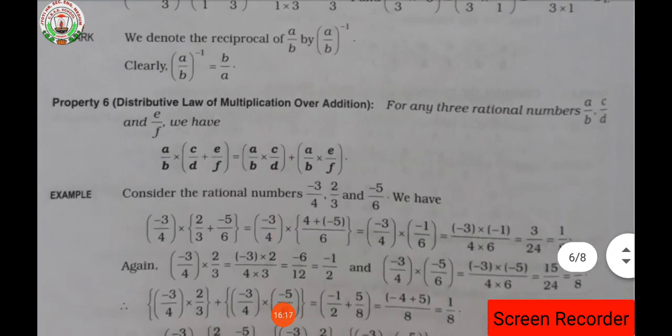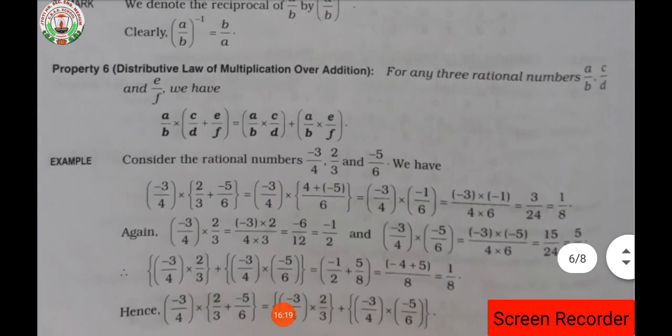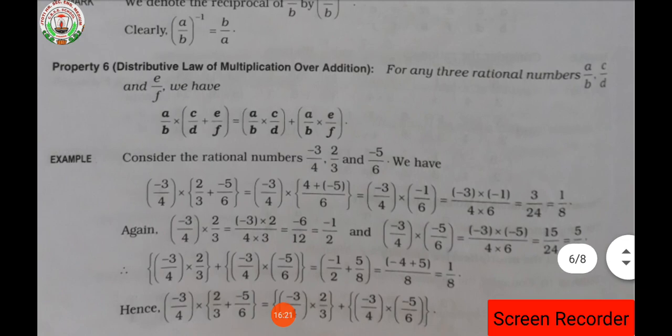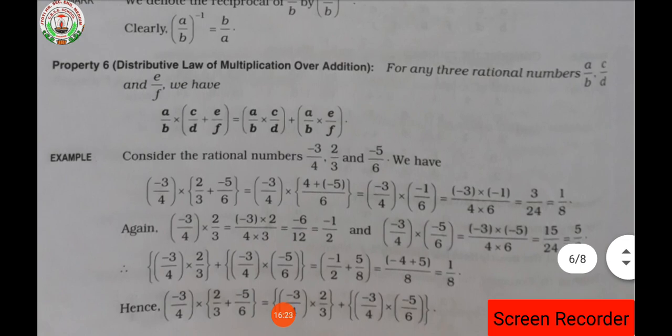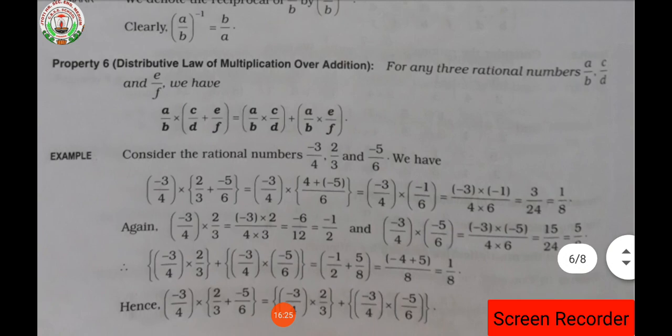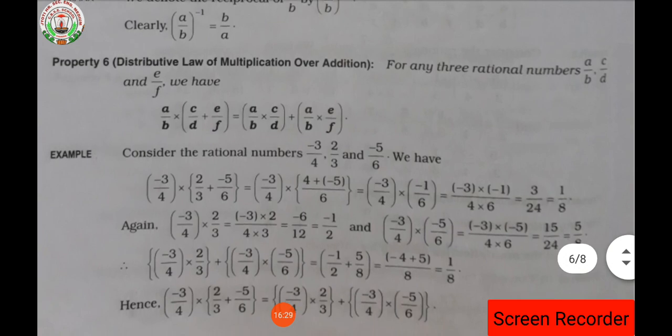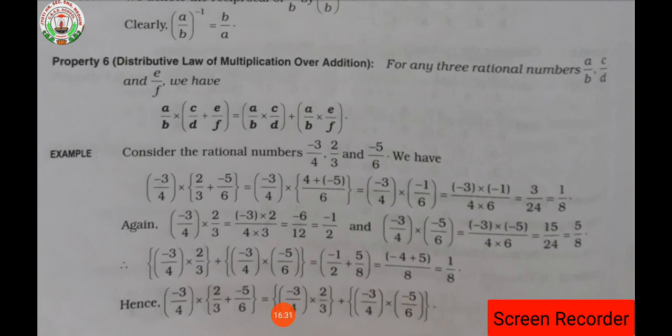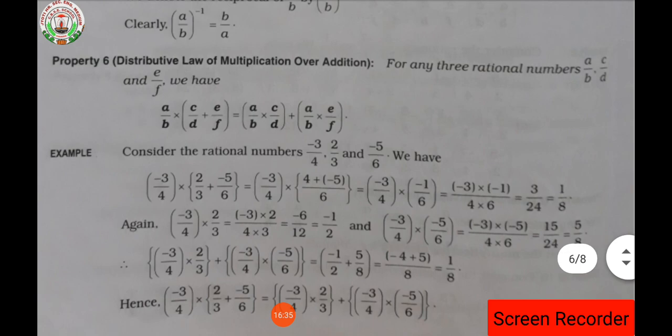Now let's see the distributive property of multiplication over addition. This property you have studied from class 5th onwards, isn't it? So what does the distributive property of multiplication over addition of rational numbers say? Suppose we have three rational numbers, a by b, c by d and e by f.